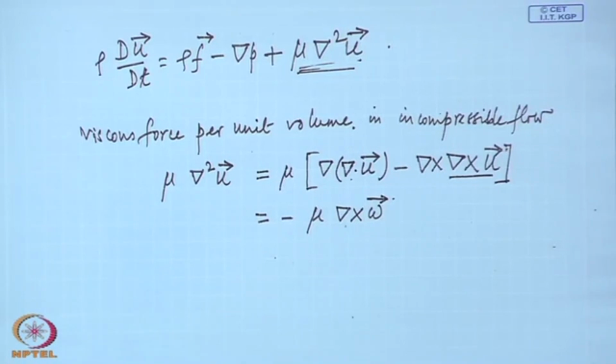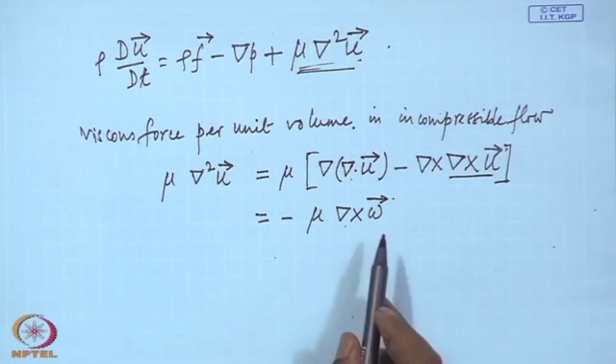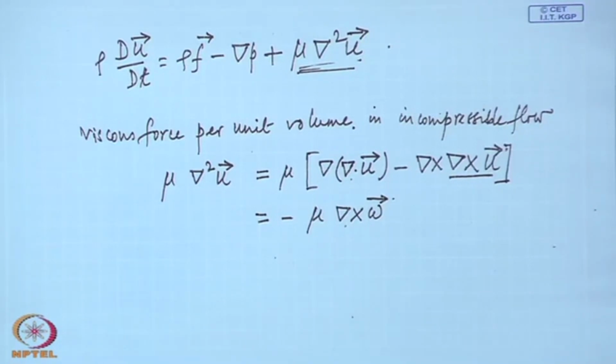So, we see that viscous force per unit volume is given by the curl of vorticity.